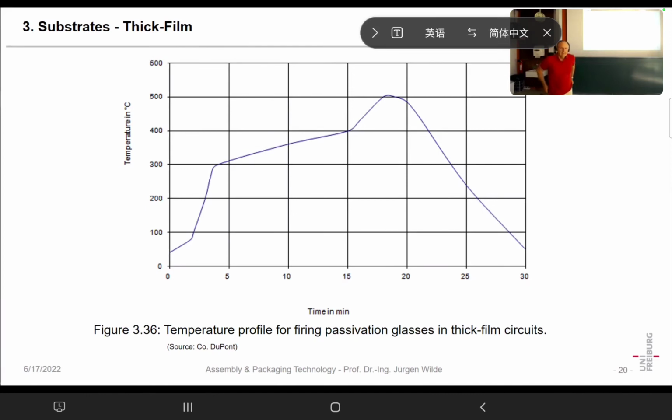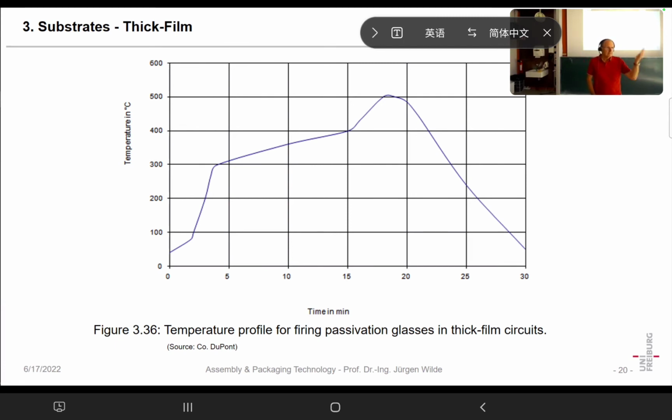Okay. After we are finished, typically on these resistors, we put on glass as a passivation. The glass is necessary to prevent corrosion. Also, it's an oxide; it can still corrode.